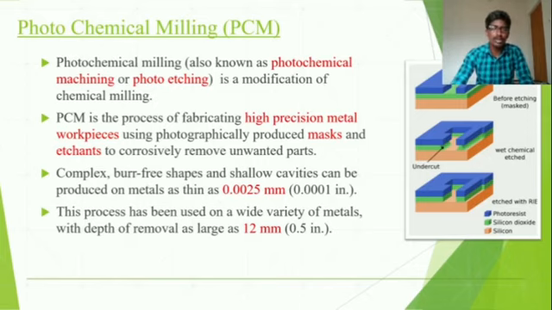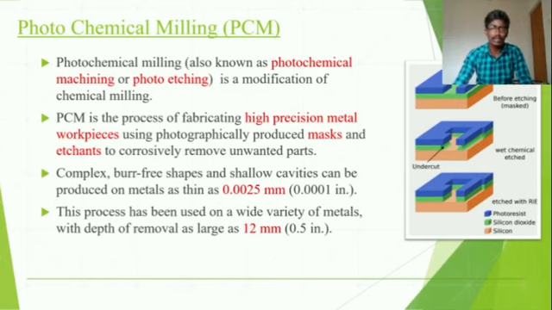PCM is the process of fabricating high precision metal workpieces using photographically produced masks and etchants to corrosively remove unwanted parts. That is, with the help of a photo tool or photo mask that has been designed and produced, and also using chemical etchants, unwanted material is removed corrosively from the metal workpieces.